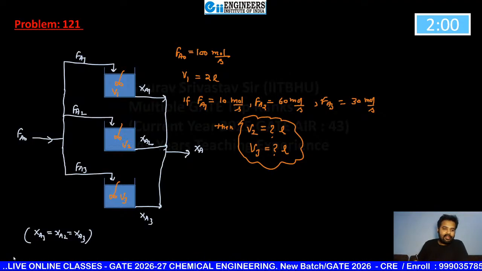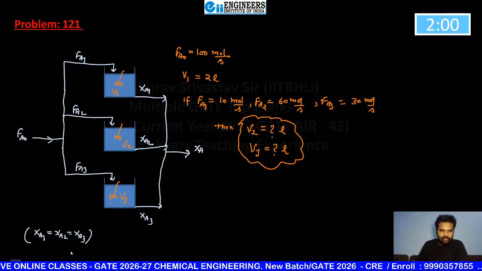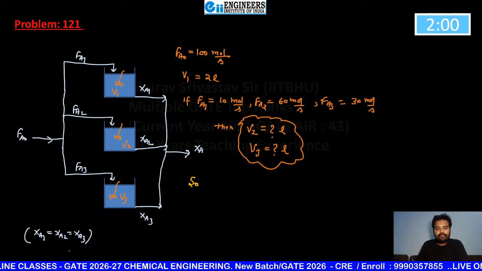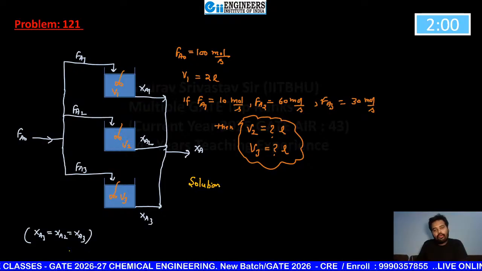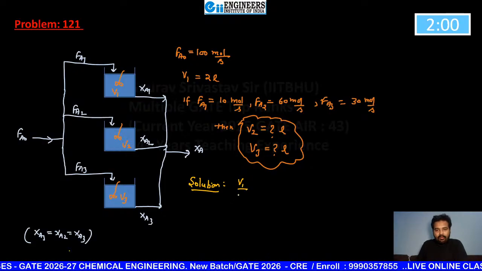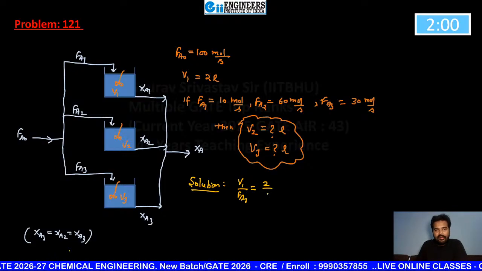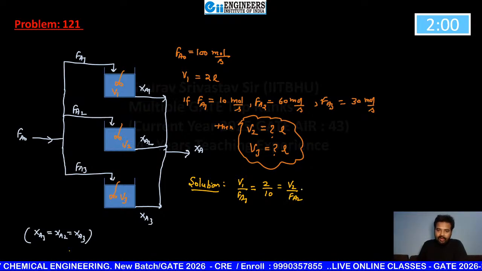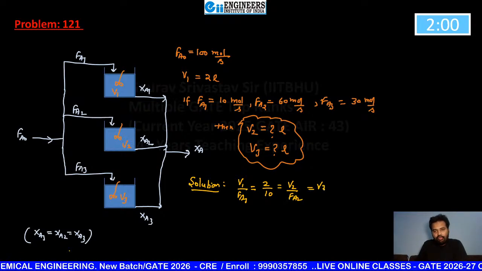So now focus here. The problem is very very easy here. कुछ था ही नहीं इसमें. So, solution: you know V by F naught must be identical. So V1 by FA1, that is 2 by 10, must equal V2 by FA2, and it also must equal V3 by FA3.